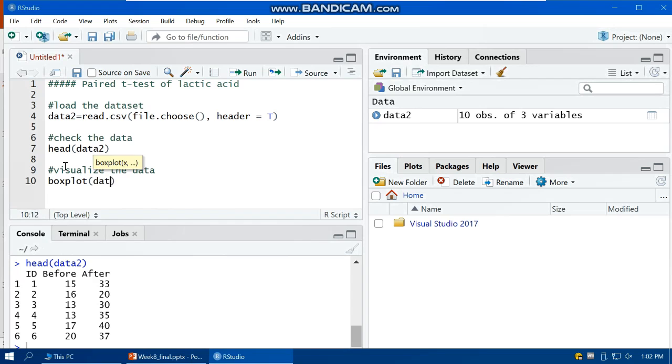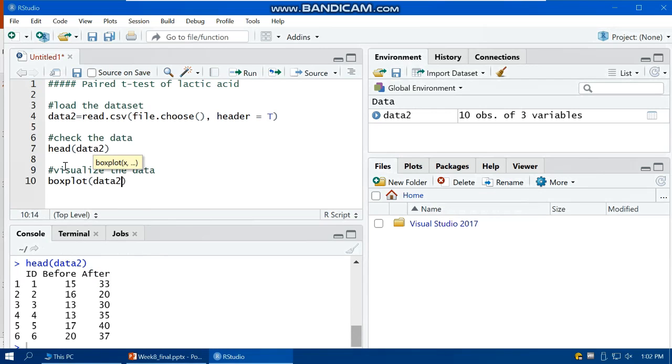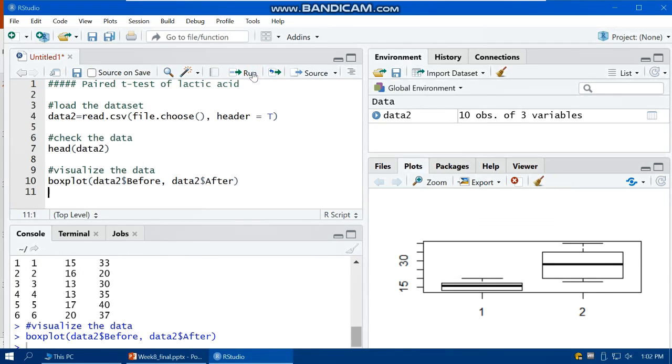So I'm going to extract before from data2, and also after from data2. Okay, so click run. So here is the box plot for the data.